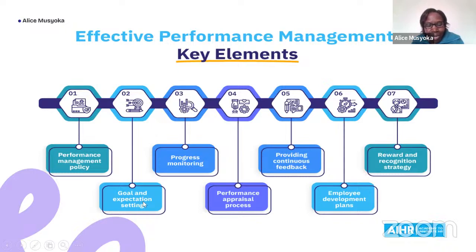They need to agree on the targets so that at the end of the performance period, when it comes to measuring performance, both the employee and supervisor are clear about what the agreed targets were, what the objectives were, and what the goals are. So that is a very key step.